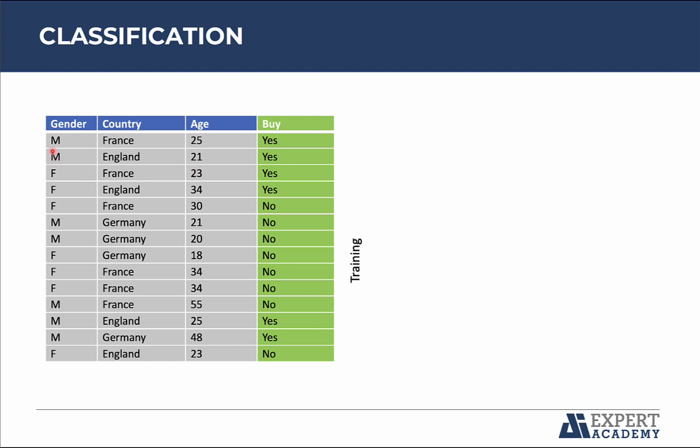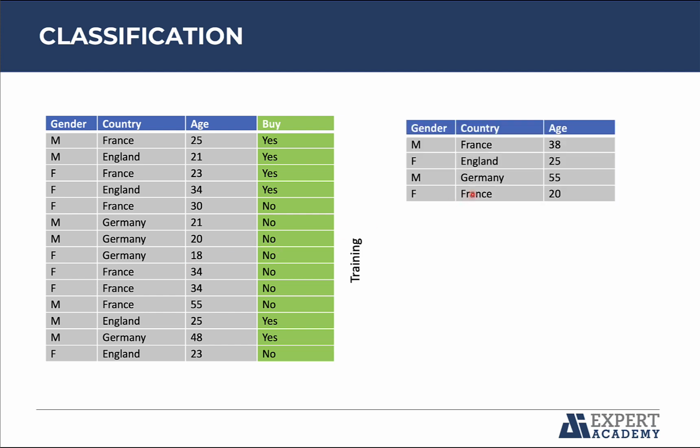For example, gender M from France, age 25, bought the product in the past. So we have this real customer. Another one, male from Germany, 21 years old, didn't buy the product. This is the training data that will be sent to a machine learning algorithm.